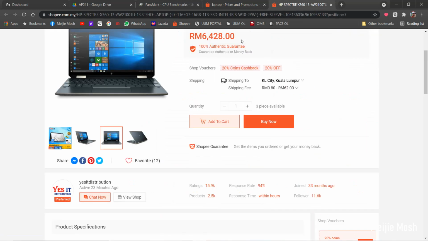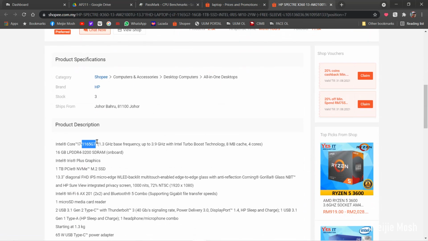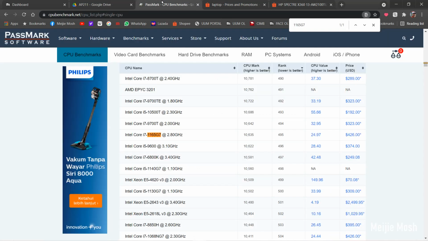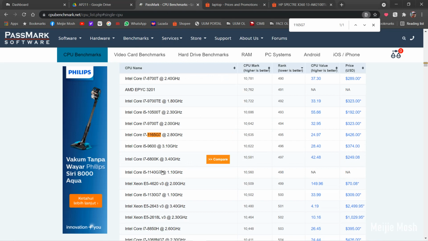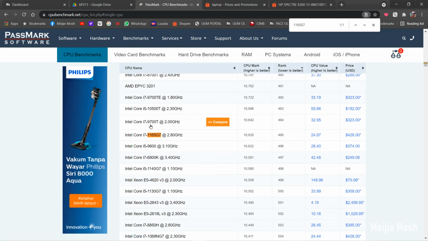Even though you can see some are comparing i7 and i5, if you look at the PassMark, some i5 are better than i7. Please note that not all Intel Core i9 is better than i7 or i5.